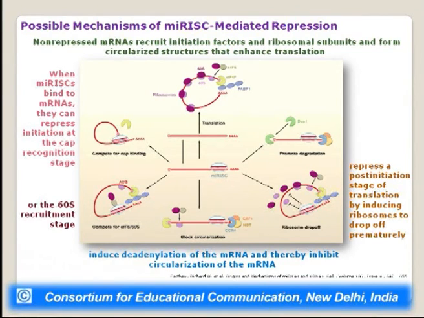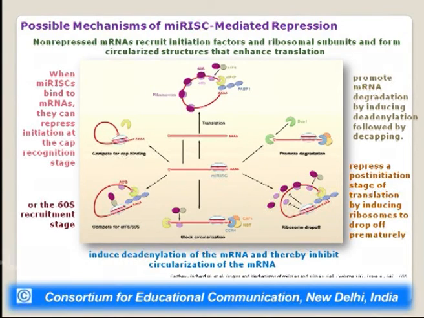Another mechanism is that it can repress a post-initiation stage of translation by inducing ribosomes to drop off prematurely. They can also promote the mRNA degradation by inducing deadenylation followed by decapping. So, mRNA which does not have a cap or a polyadenylation tail will be degraded by the RNA degrading machinery.